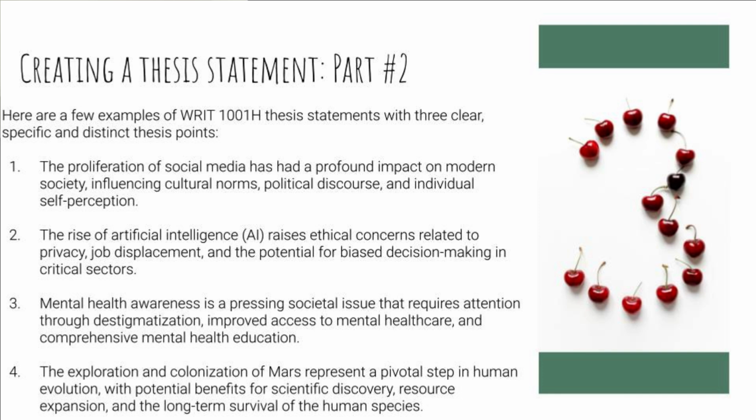Number 2, the rise of artificial intelligence raises ethical concerns related to privacy, job displacement, and the potential for biased decision-making in critical sectors. All right, so these are specific, they are clear, and they're distinct. What we mean by distinct is that there's no overlap. They are completely different. They are in their own separate section. Privacy, of course, could be connected to job displacement.